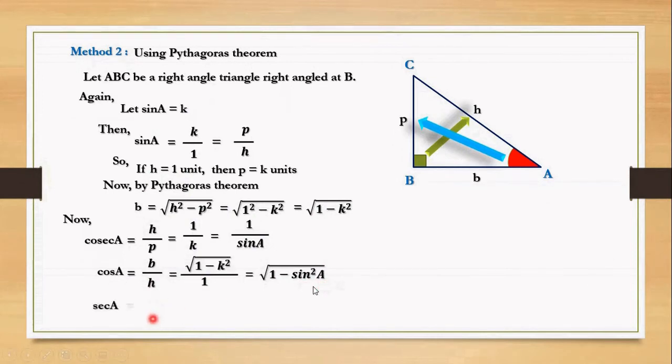Now sec A. The ratio of sec A is h by b. Substitute their value. H is 1 and b is root under 1 minus k square.